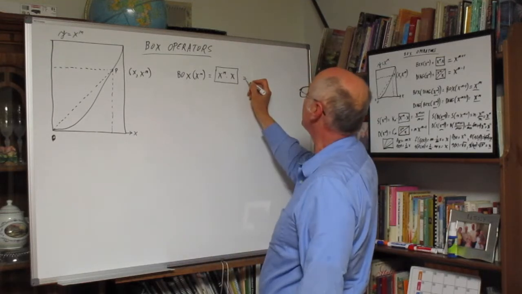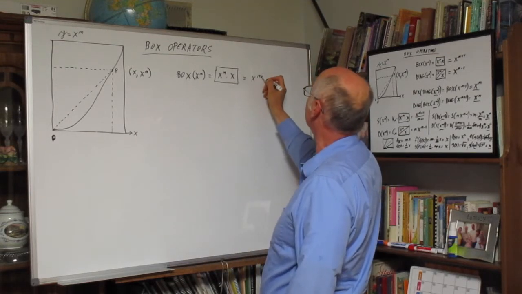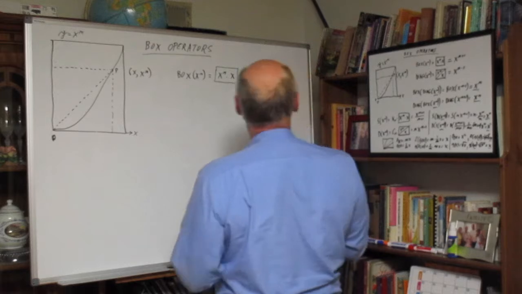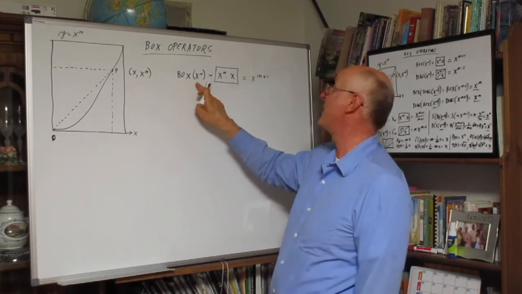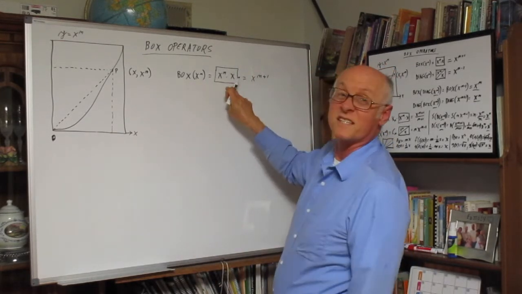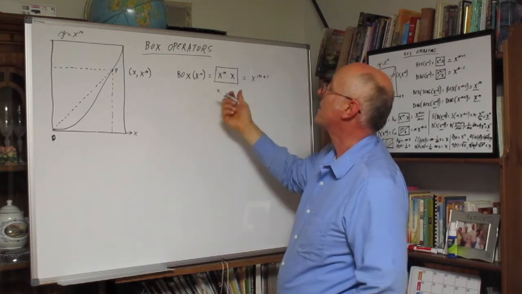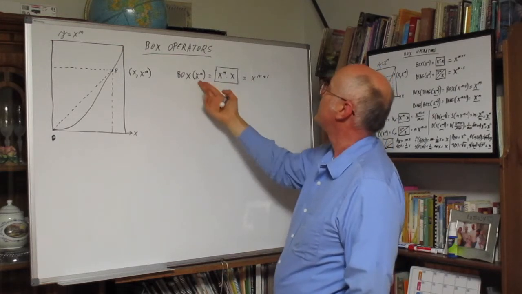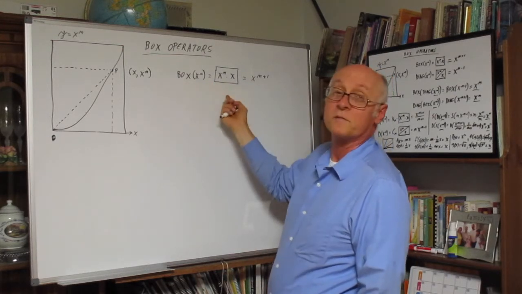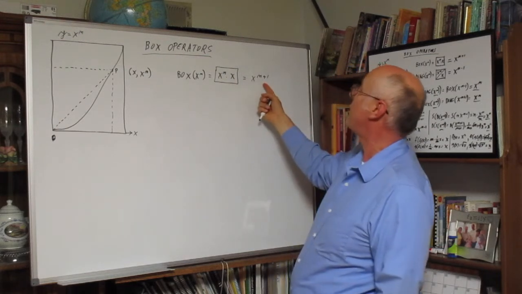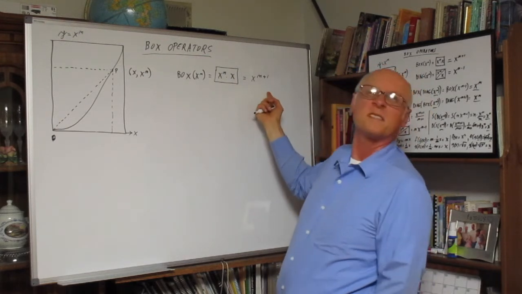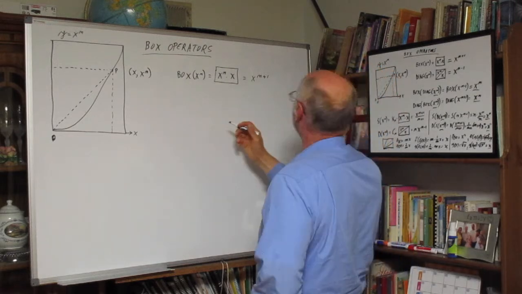Well, that equals x to the n plus 1. Pretty simple. That's the box operator. The box of x to the n is this. It's an operator. It takes a function, transforms it, then returns another function. Namely, 1 power higher, right? Pretty simple.